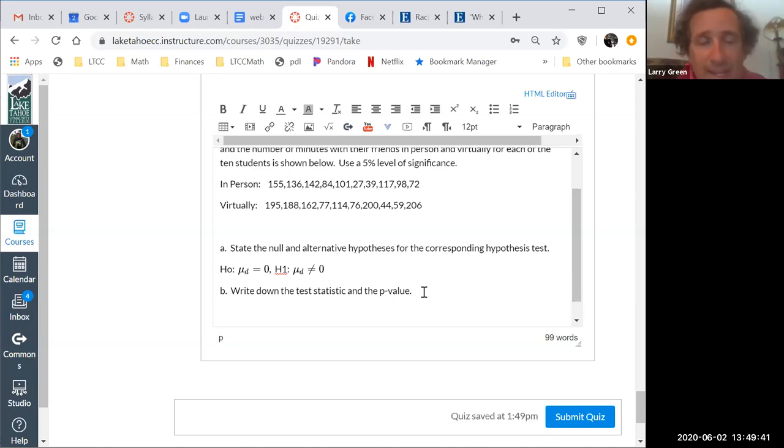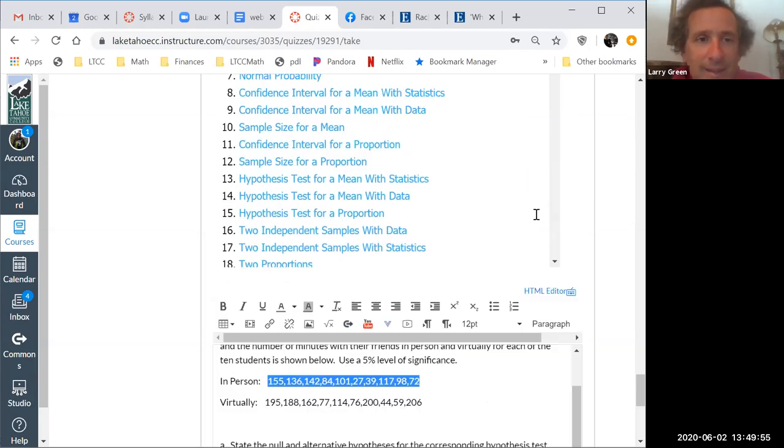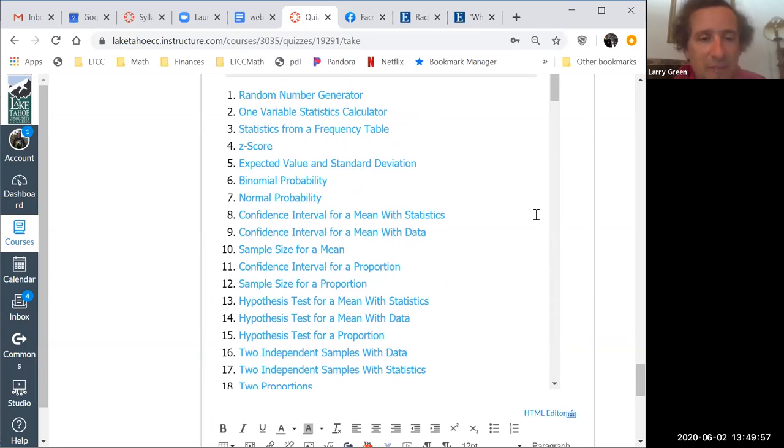All right, now we write down the test statistic and p-value. Let's go find the right test. Which one is it this time?